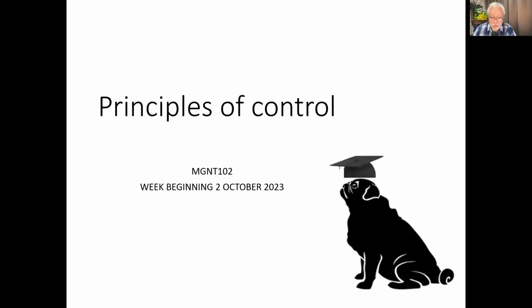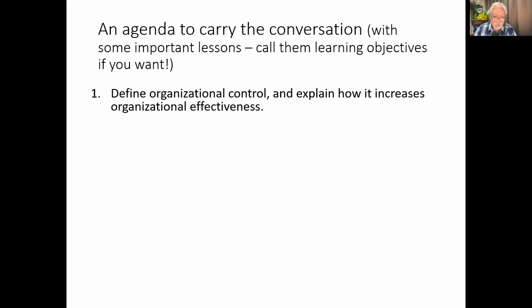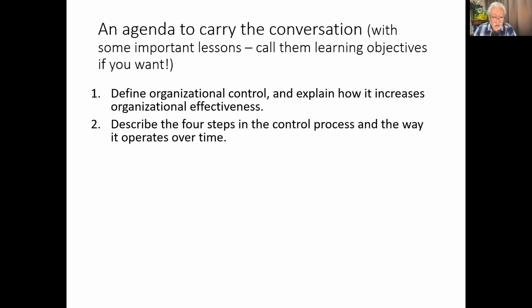Okay, so let me get the presentation up on my screen so that I can go along with you. First step is to look at what we cover as a series of principles. The principles are that we define what control is and look at its impact on an organization.